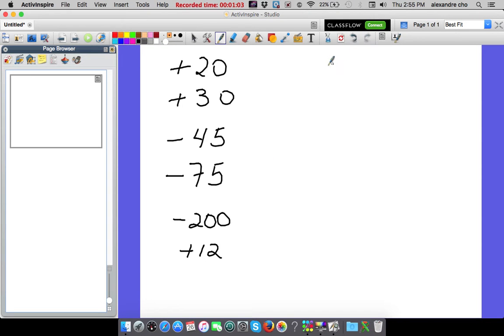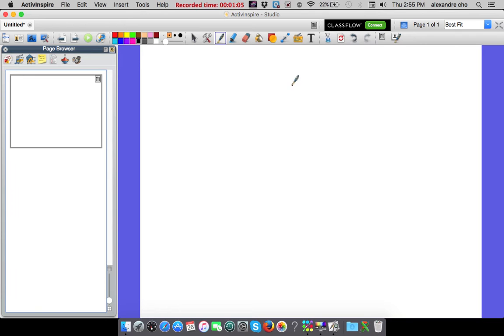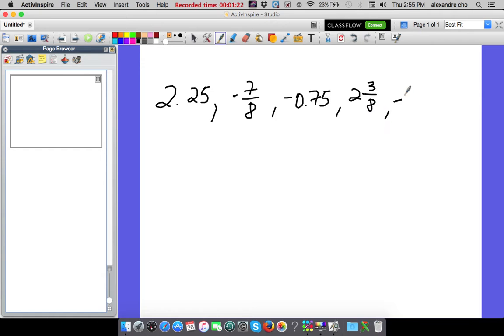Number 2, order the rational numbers from least to greatest. Okay, so I'll write it first: 2.25, negative 7 over 8, negative 0.75, 2 3/8, negative 1.75, negative 1 4/5.